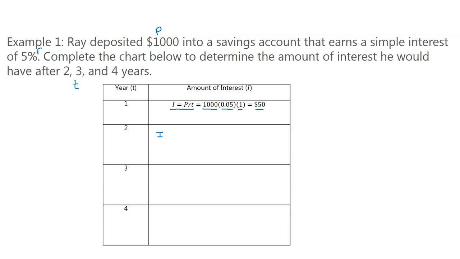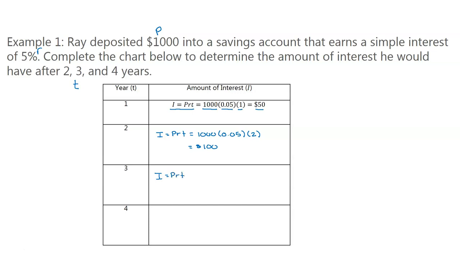So let's do the same thing for 2 years. We'll replace P with 1,000. R is still 0.05, but this time T is 2. Now on the calculator, that works out to be $100.